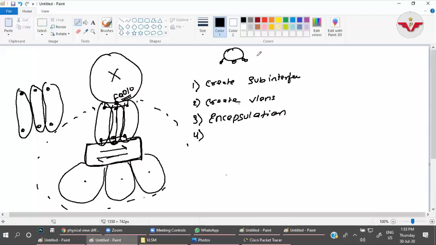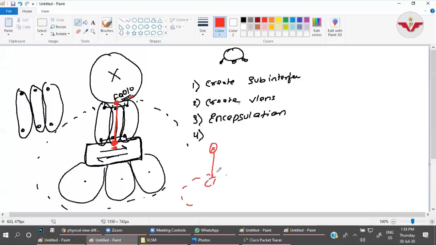Let me take another color so that we can see that. Okay, here. This was the main interface where the router and switch are connected, FS0/0 or whatever the switch port is. Only one port is connected. Others are sub interfaces and VLANs. But the connectivity is only one. The cable is only one between router and switch.